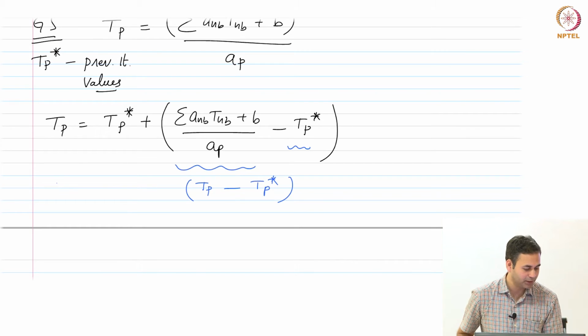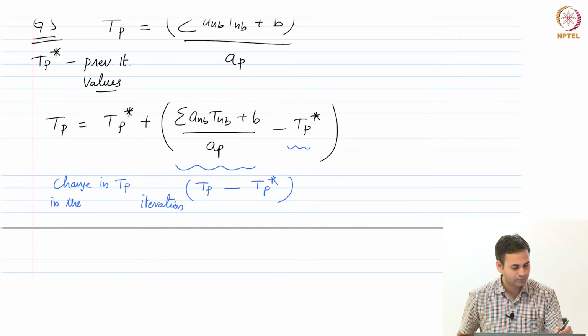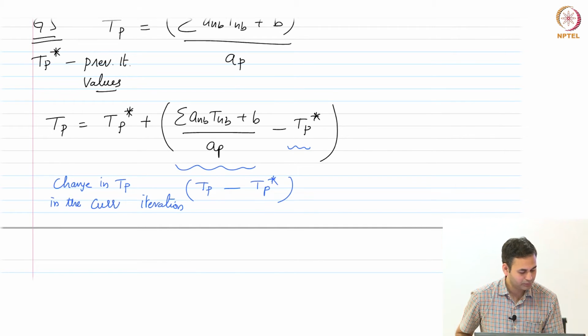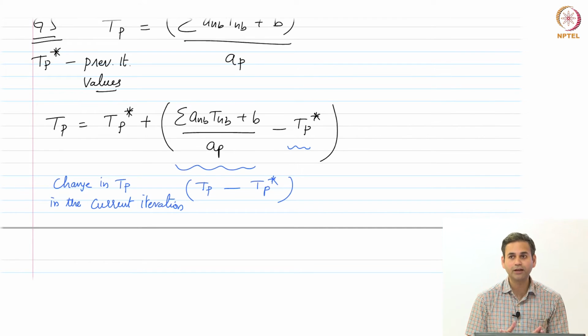So, this is the change in Tp in the present iteration for a particular cell P. This is what we want to restrict or amplify.